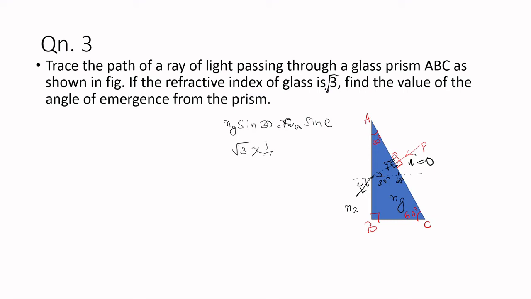Sine 30 is nothing but 1 by 2, which is equal to n air, which is 1, into sine E. So sine E is equal to √3 by 2. That means E is equal to sine inverse √3 by 2, which is 60 degree. So the angle of emergence in this prism is 60 degree.